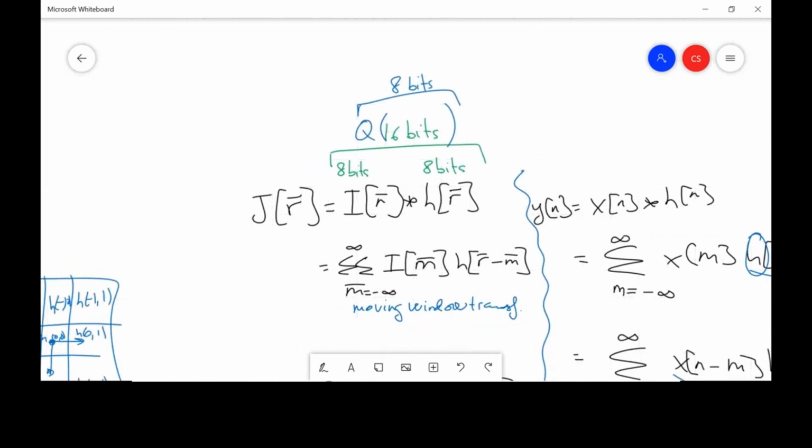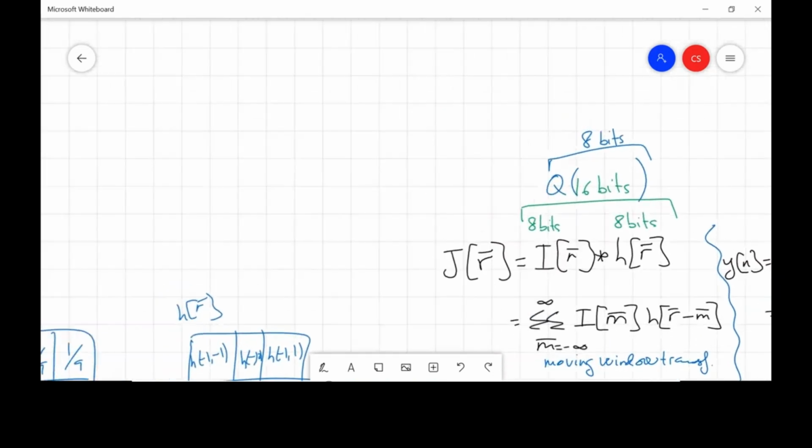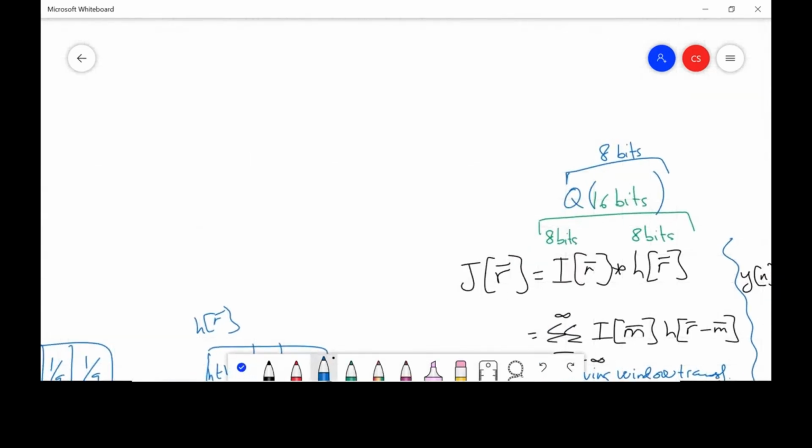But if you know how to simulate this, and here comes the image formation model, let's say you say, okay, my observed image, I will drop the arguments, my observed image is an ideal image times, or convolved with, a kernel.